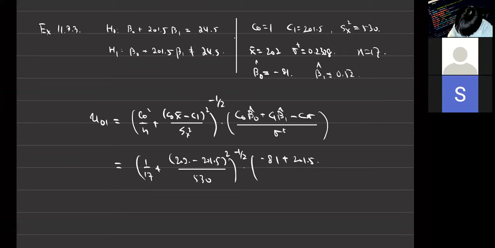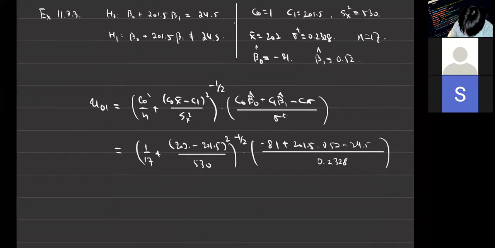Beta 1 hat is 0.52 and then minus 24.5. And then this 24.5 is here. And a sigma, that is going to be 0.2328. So it's quite long, lots of small numbers.